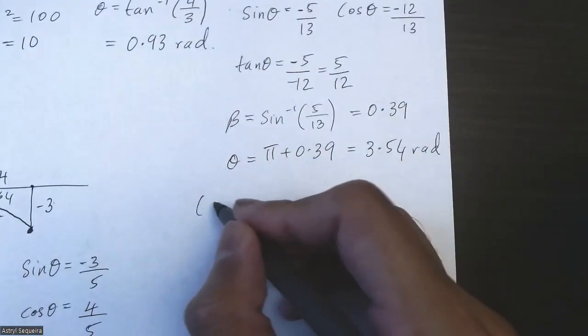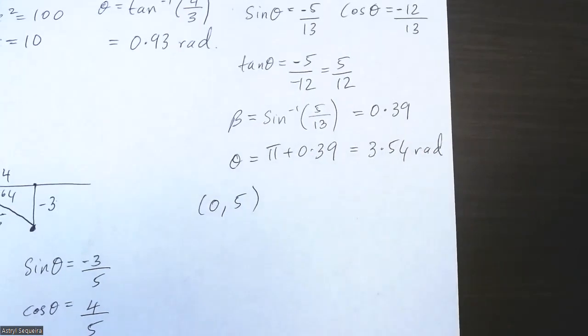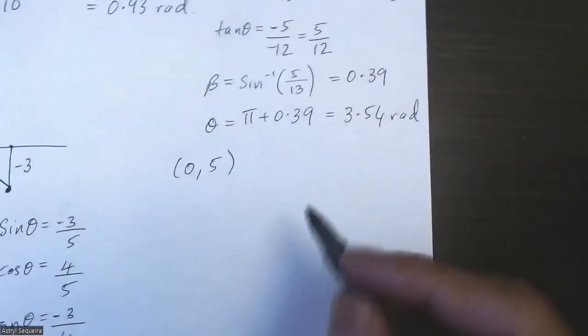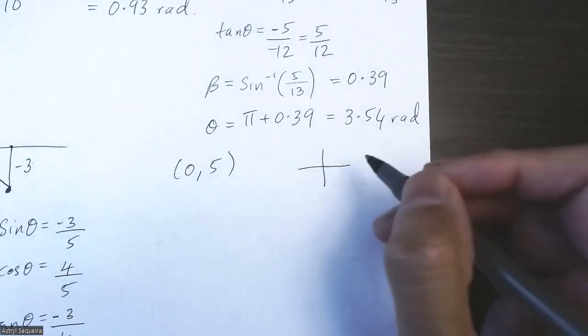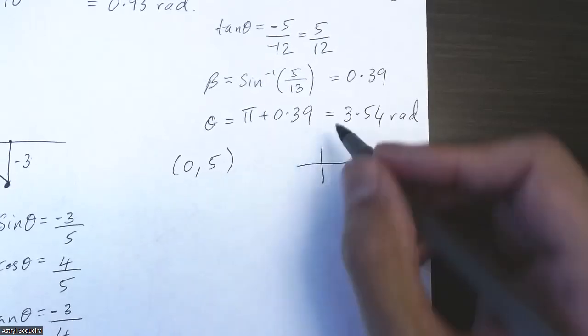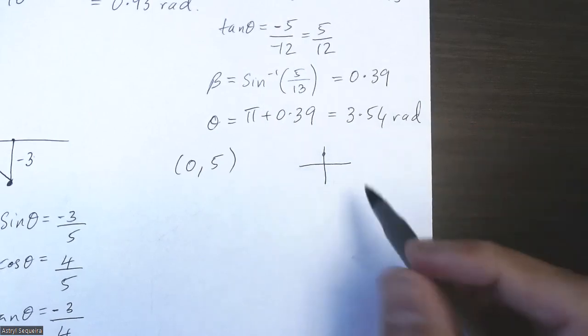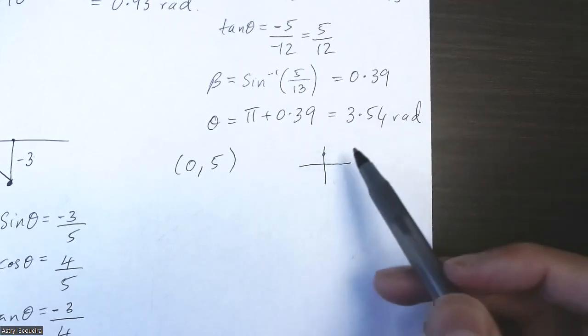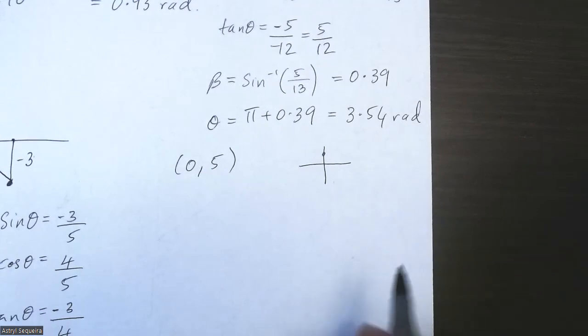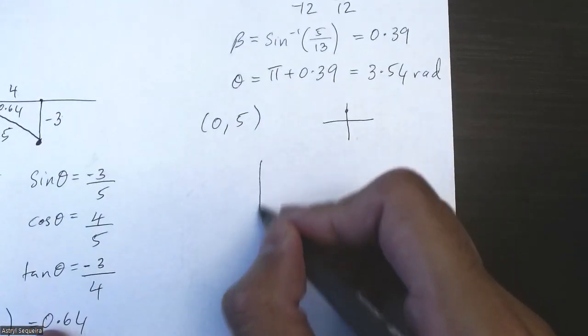Now this last point here, this is a trick question, and I'll tell you why. So the point is 0, 5. I'll do a little tiny diagram here. If I actually draw 0, 5, it doesn't lie on any quadrants. 0, 5 is right there, but you can't draw a triangle and solve the question using the triangle like that. So I'm going to show you a little trick so you can do this question.